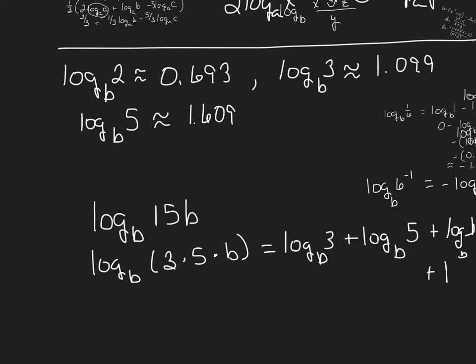So the log base b of 3 is 1.099 plus 1.609 plus 1. And that, when we add them all together, is approximately 3.708.